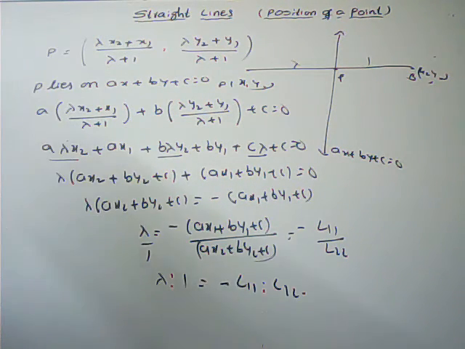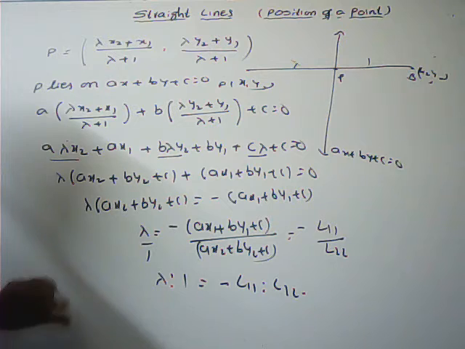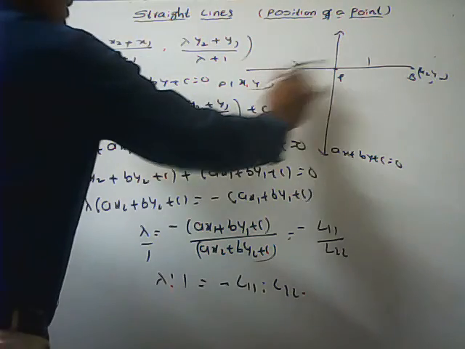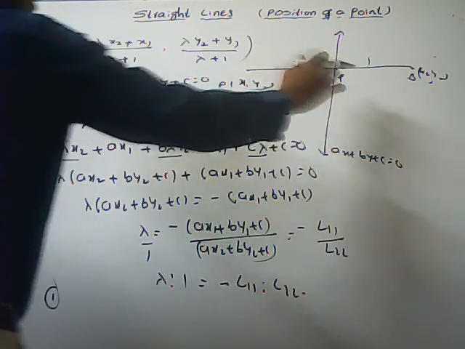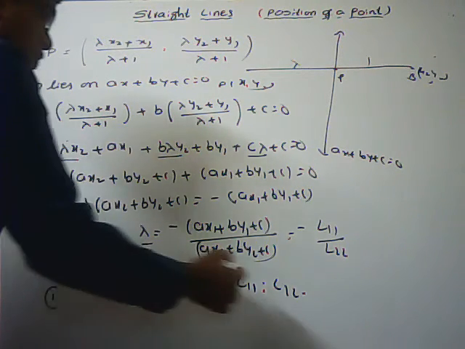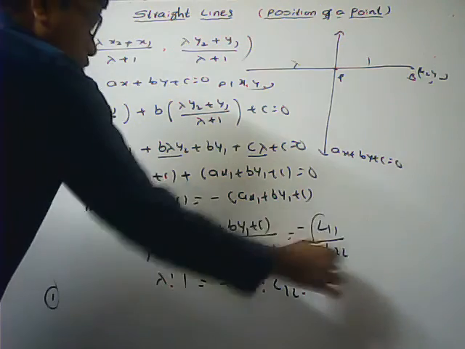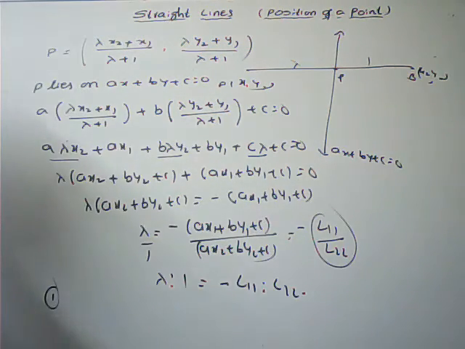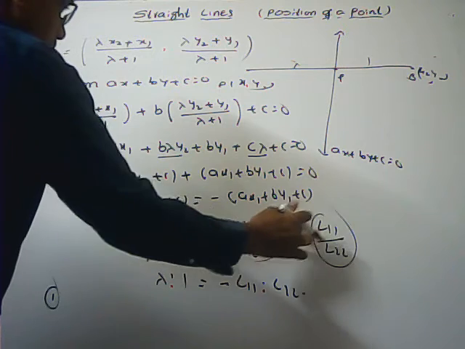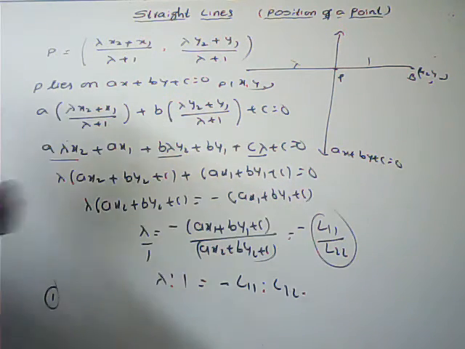And here one more thing, note number 1. Previously we also discussed this in the section formula. If P divides the line segment AB in a positive ratio, the point divides internally. The ratio is positive means L11 into L22 should be less than 0, since minus into minus gives plus.